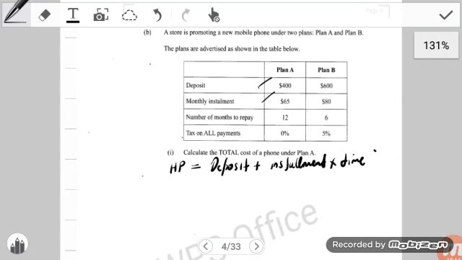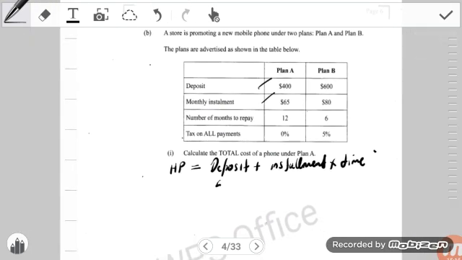So for Plan A, the deposit is $400 plus the installment for Plan A is $65. I don't seem to know how to write 65. Multiplied by the period of time that I'm allowed to pay for Plan A, which is 12 months. All right?